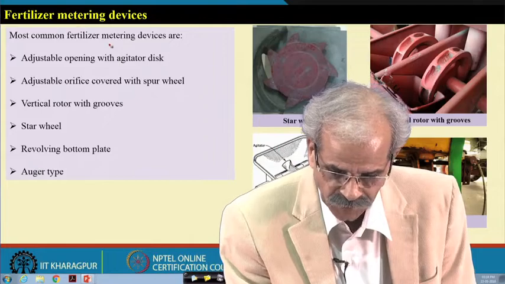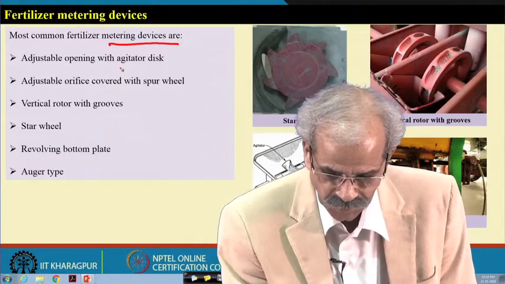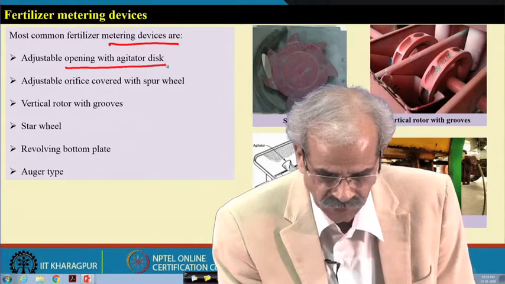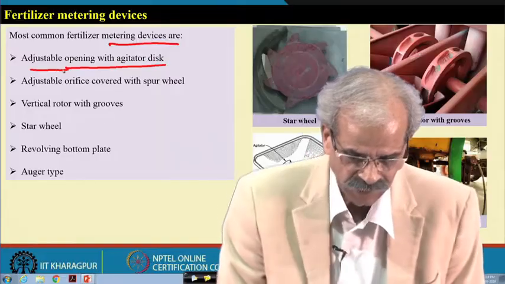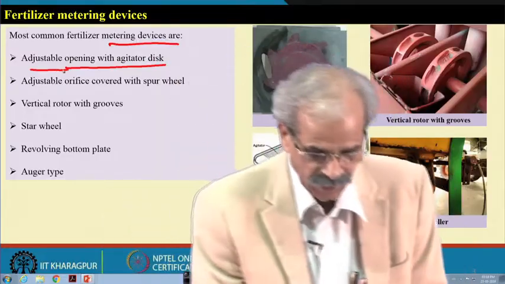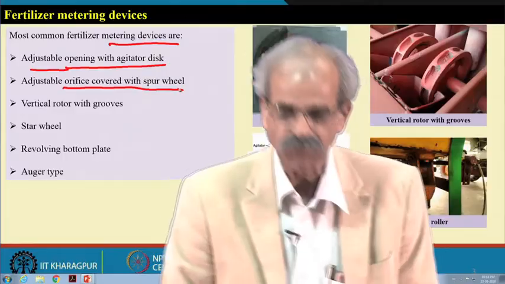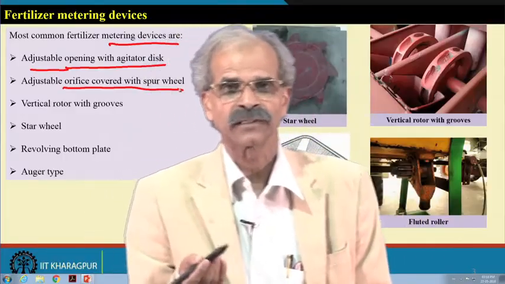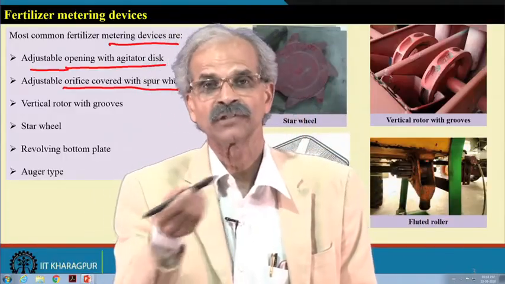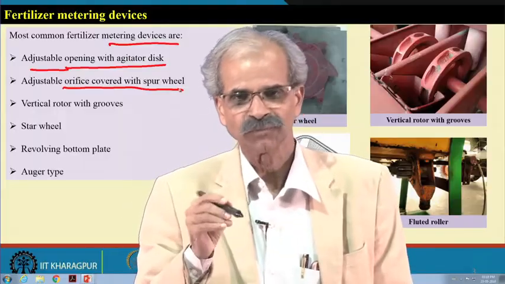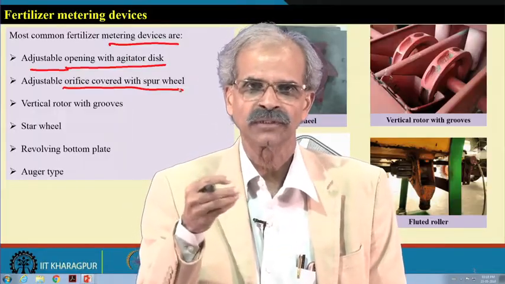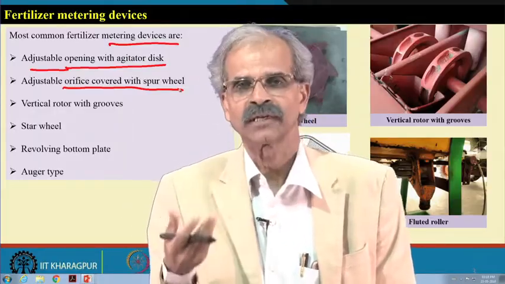So, the most common metering devices are: opening with agitator disc, adjustable opening with agitator disc, then adjustable orifice covered with spur wheels. Yes, this is another thing, because a simple orifice can be changed depending upon the amount or the size of the granules of the fertilizer that you want.